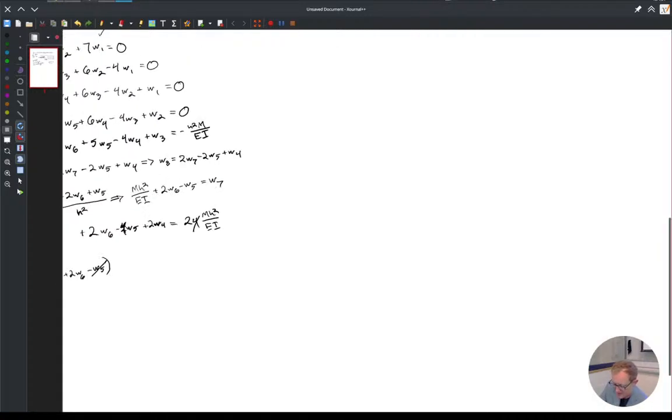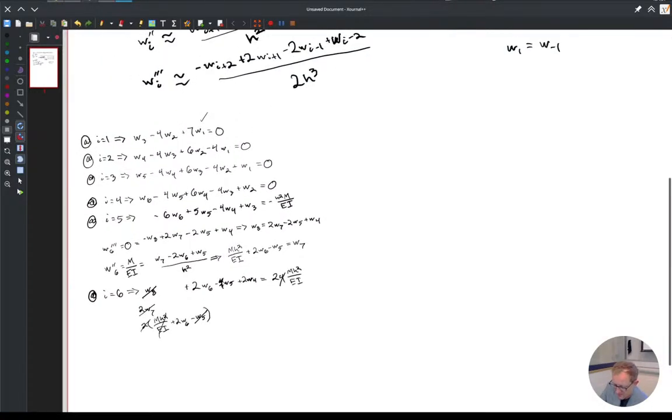Because I want to take all of this and turn it into an equation. So here's my W1, W2, W3, W4, W5, W6 equations. And then equation 1, 2, 3, 4, 5, 6.